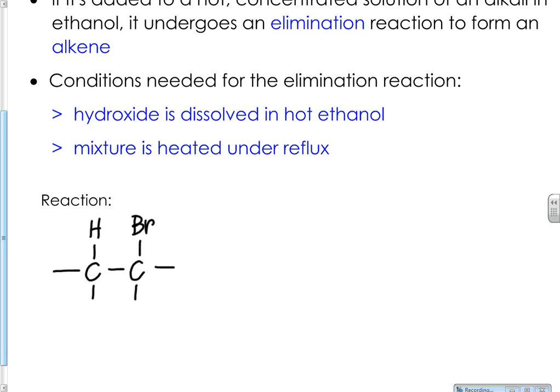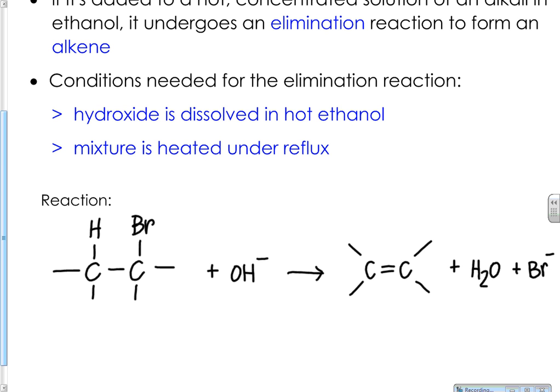But what you're going to do is react it with that base, the hydroxide ion. And in this process, what you're going to do is you're going to eliminate the H and the Br from this, and you're going to create a double bond. And then, because the H can bond with the hydroxide ion, you're going to get water as one of the products, and then the bromide ion will be left over. Okay? So that's your overall reaction.